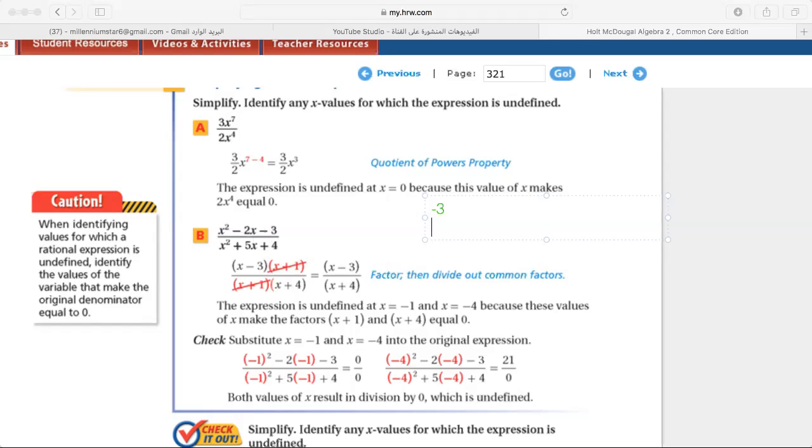It is negative 3 and positive 1. Because when I multiply negative 3 and positive 1 together, they give me negative 3. And when I add negative 3 and positive 1, they give me negative 2.